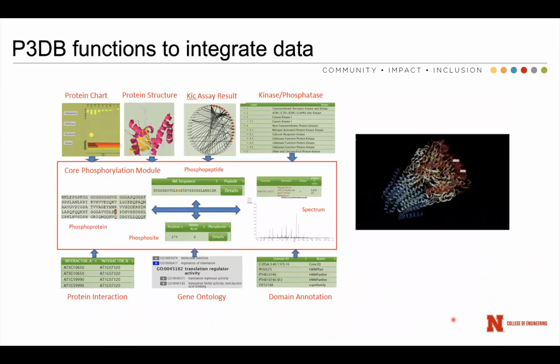Let me show you a little bit about the functions in P3DB. The scientists can not only view the protein and the modification information from our website, we also integrate other important informations such as protein structure and the function annotations. So the scientists can view all of these informations in one store.